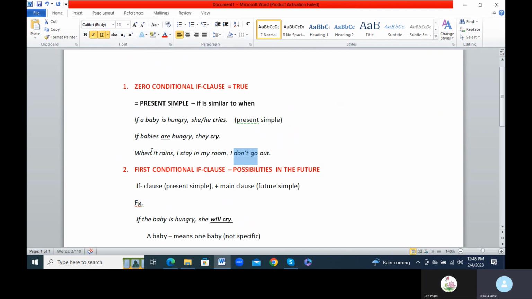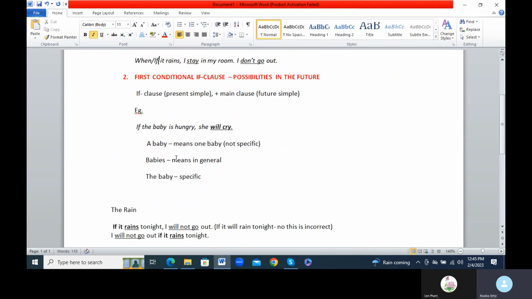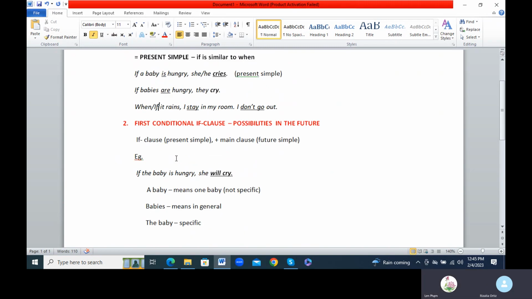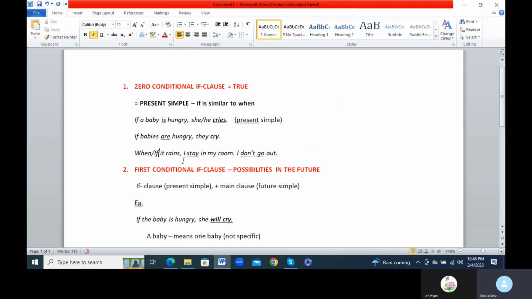So "when" here is similar to "if." If it rains, I stay in my room. I don't go out. Understand, Len? Okay, so this is only the introduction of the zero conditional clause and the first conditional clause.